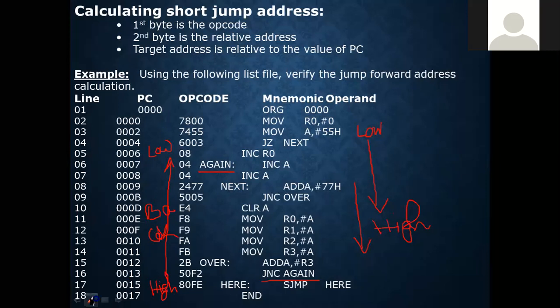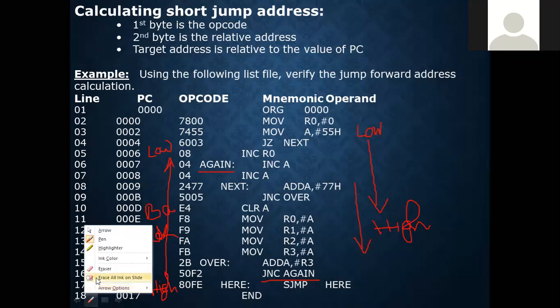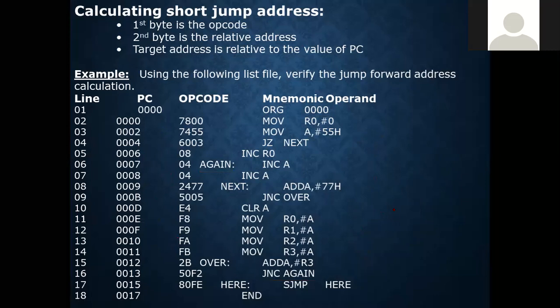So there are two jumps available, forward jump and backward jump. JZ next and JNC over were examples of the forward jump, where the source address is lower than the destination address. But in case of JNC again, the destination address is lower than the source address. Clear? Because obviously 0013 is greater than 00, actually not, 0015 will be there.